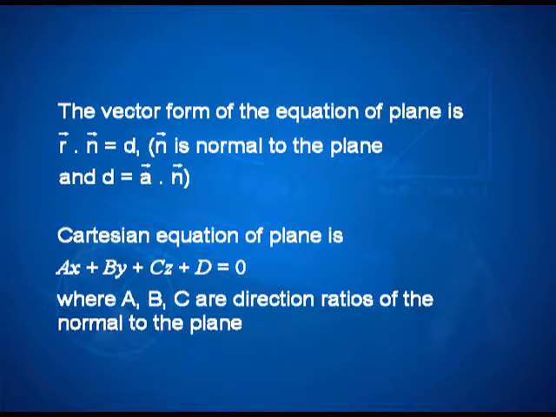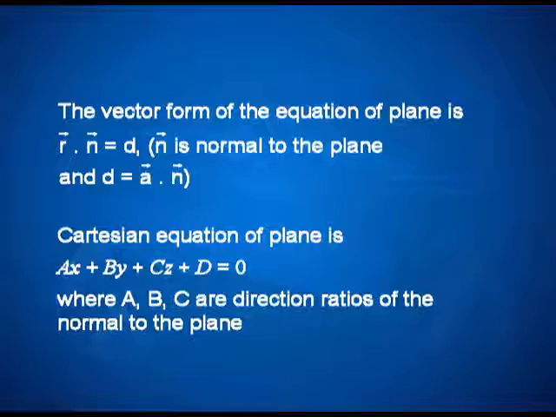I have chosen capital D with an understanding of taking it a little different from the d earlier. Otherwise, any constants a, b, c and d will be the required, and a, b, c, that is the coefficients of x, y and z, will define the direction ratios of the normal to the plane.